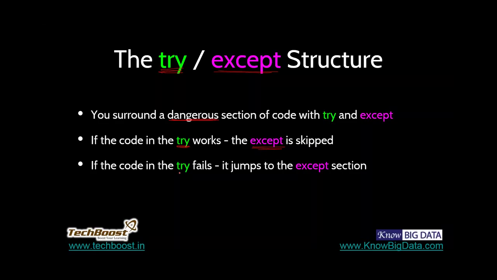If the dangerous section of code kept under try fails, it jumps to the except section to handle the error or the exception which has happened. An exception is nothing but an error event, an error which happens at runtime, which we will be trying to handle using try and except.